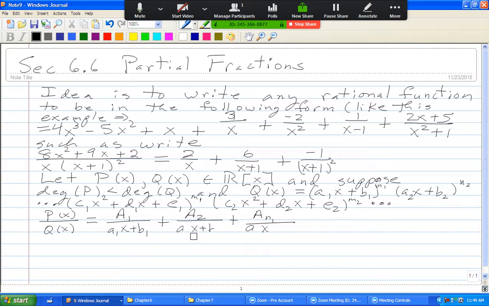Why did I change the letter? Don't know. Okay. And then, of course, you'll have for each of these up to n sub whatever. And then you'll have, in addition to that, these, maybe call them b's and C's.